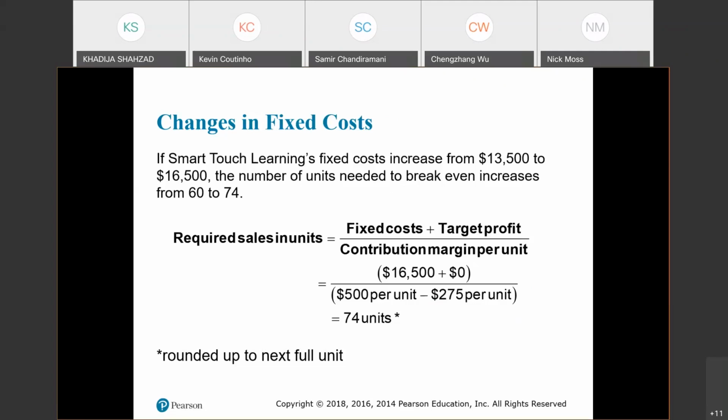What will this change result in for the required sales in units to achieve the break-even point? Let's see. Well, in this case, the difference in equation is in this part.